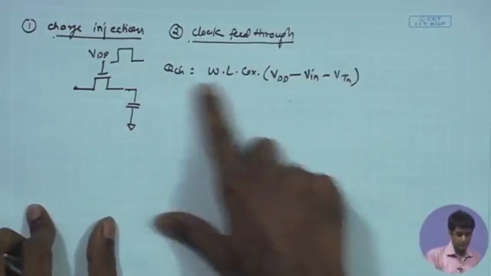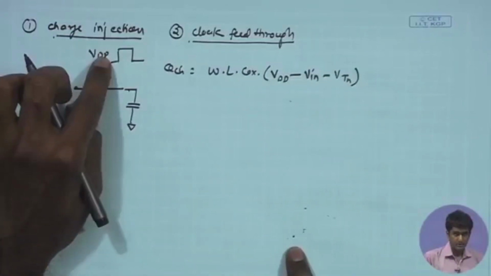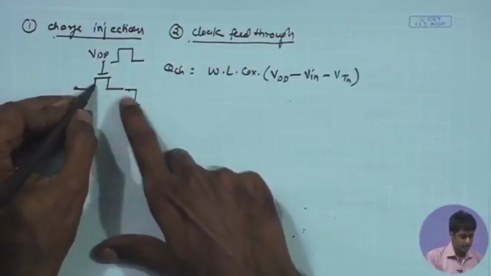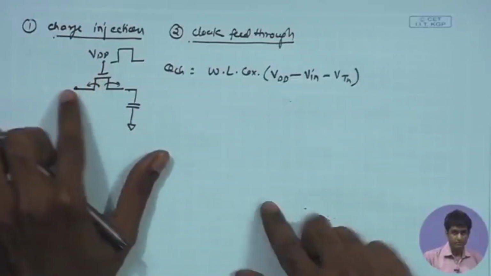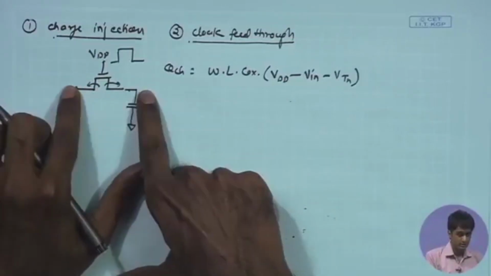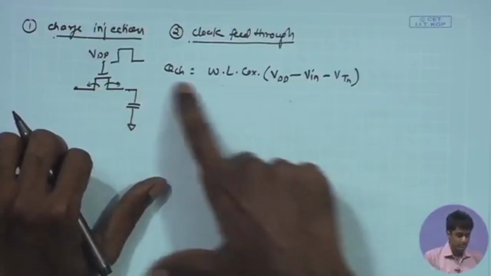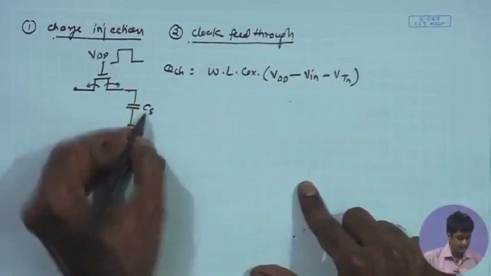So, this is the overall channel charge that I can write, and when the switch is turning off, this channel charge is supposed to be ejected out of the MOSFET. So, when the switch turns off, this channel charge gets ejected, and if I assume that half of it gets injected in each of the opposite directions, I have QCH by 2 jumping on to this capacitor, which is CS.